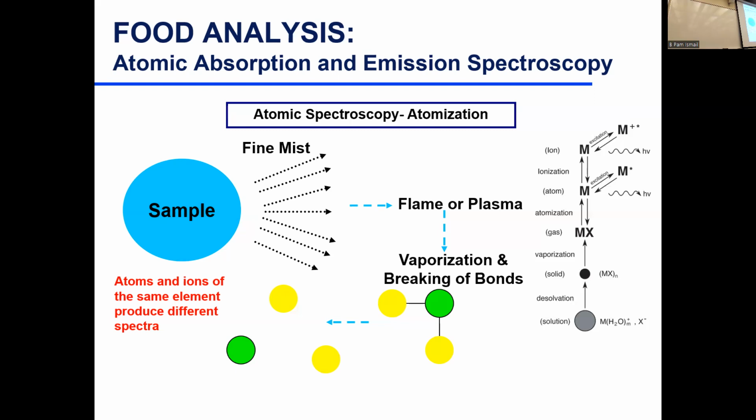If it's too hot, let's say you have a lot of fuel, then you will end up going to the next level of matter, the state of matter where you have an ion instead of a gaseous neutral atom. So we don't want that.